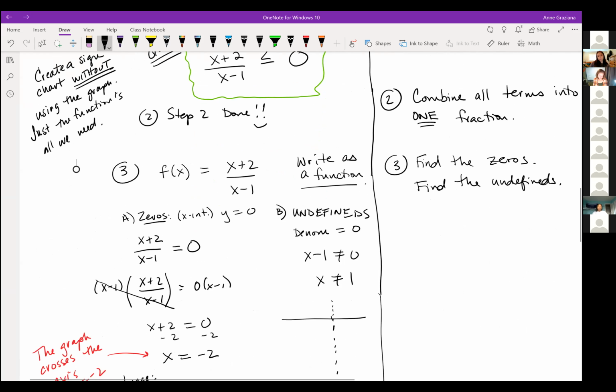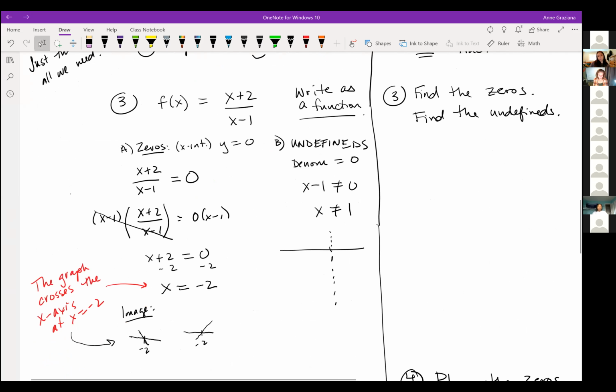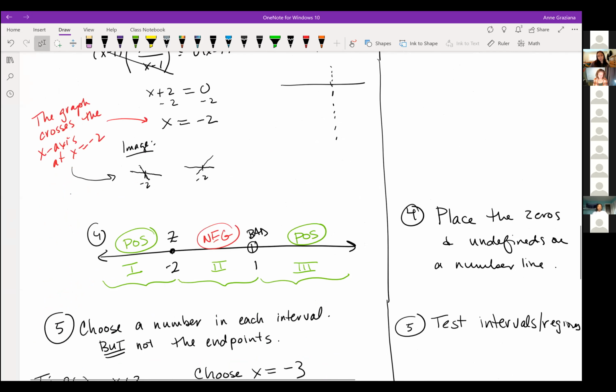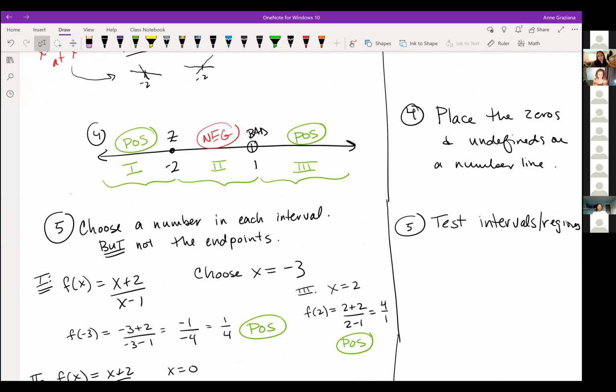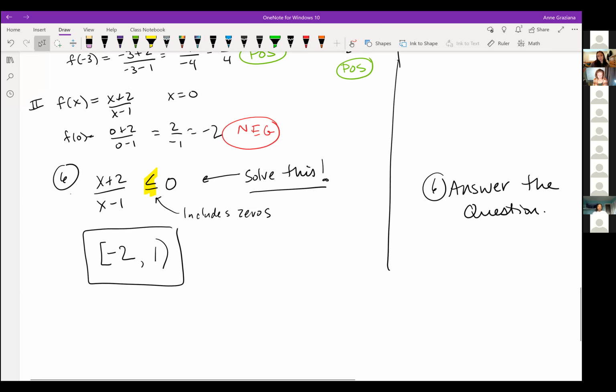Then we went to work, made it into a function, found our zeros and the bad number, which were -2 and 1, and put them on the sign chart. Then you test regions by plugging in numbers in each region. Once you know where it's positive and negative, you can finally answer the question. And you know that it's all the numbers from -2 to 1, not including 1. Any questions? It's a lot of stuff.